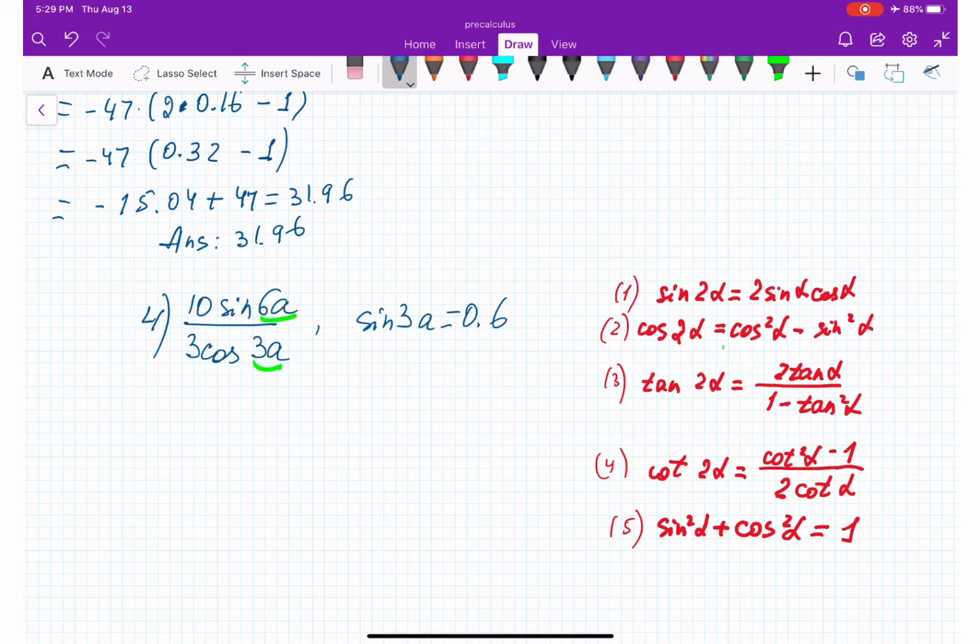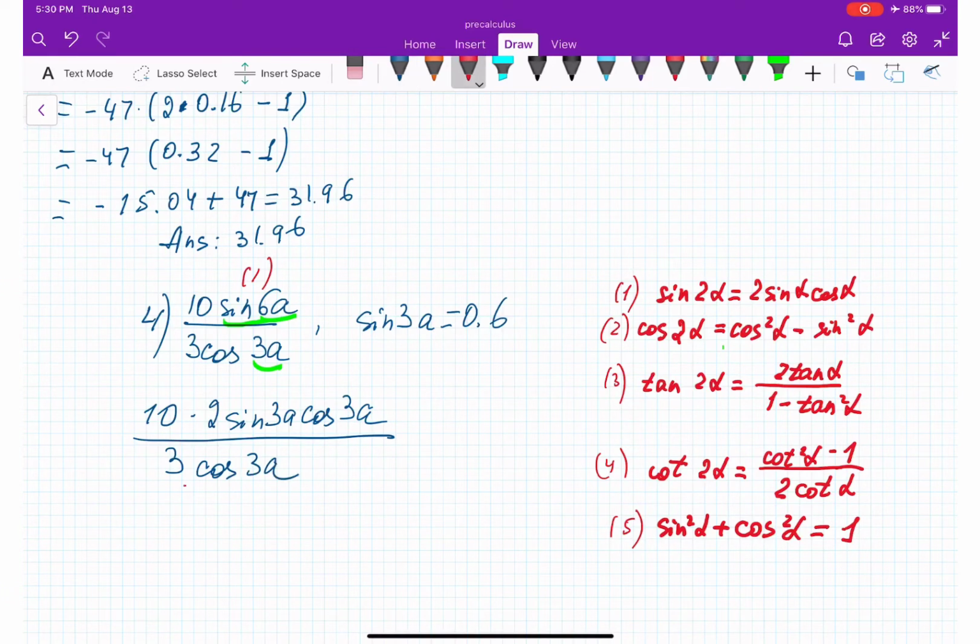Since we have sine, so sine double angle, it's formula number 1. Okay, and we are getting 10 times 2 sine 3a cosine 3a divided by 3 cosine 3a.